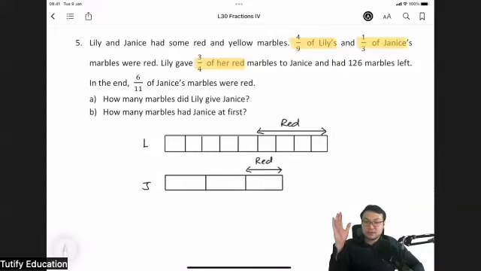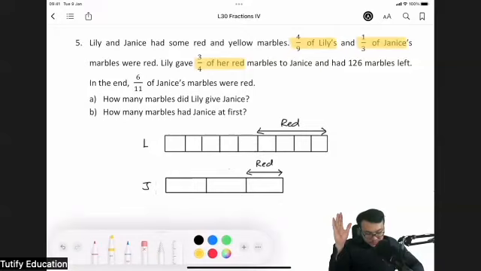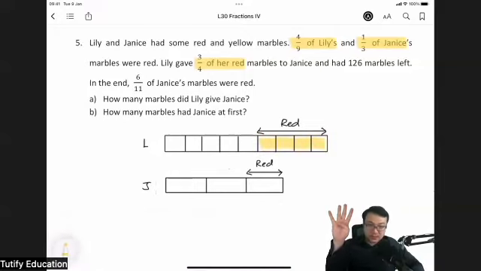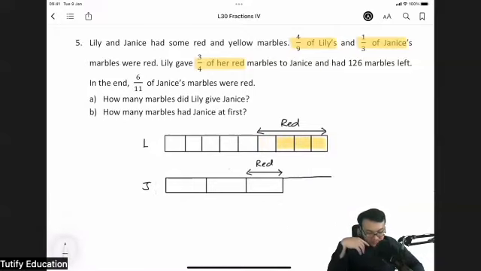So you must read very carefully. Of what? Of the red. The red has 4 units. 3/4 of the red means 3 out of 4. 1, 2, 3. Here. I'm going to give these 3 units, 1, 2, 3, to Janice.